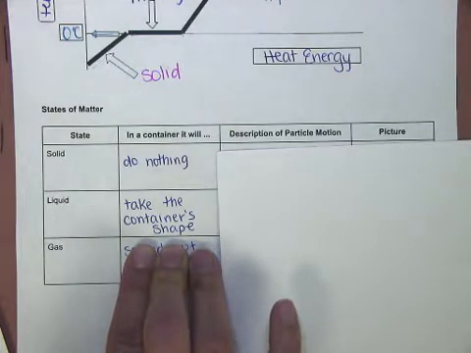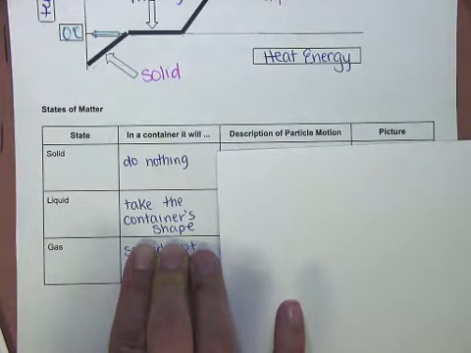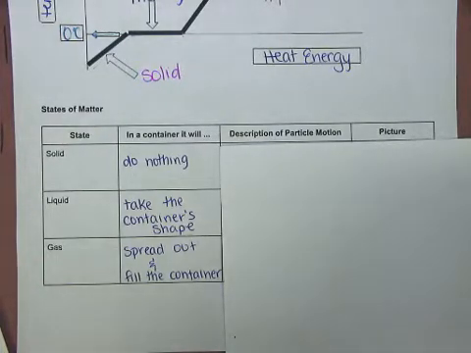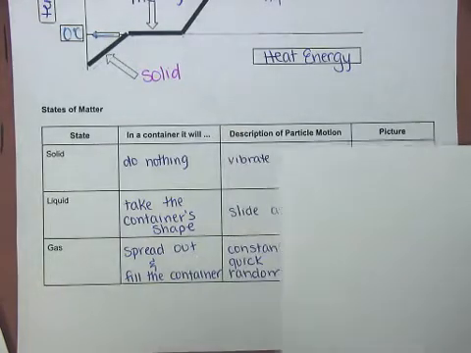So if I pour water into a square cup, it'll fill up the entire area as a square. If I put it into a circular cup, it would fill in the area with a circle. So it takes the container shape. Gases spread out and fill the entire container. So if I put a gas in a vacuum, it's going to spread out and fill every space.